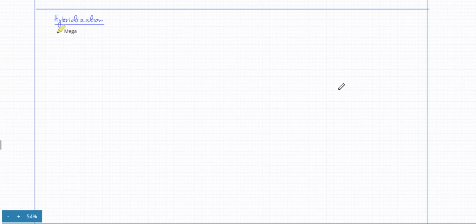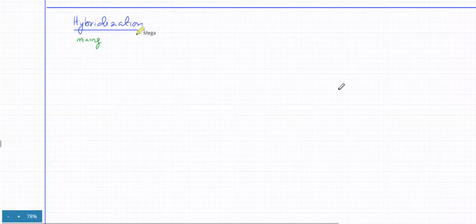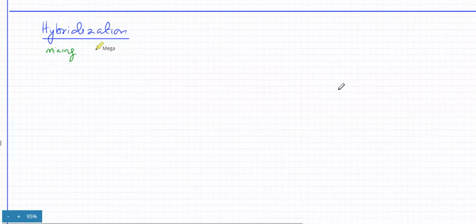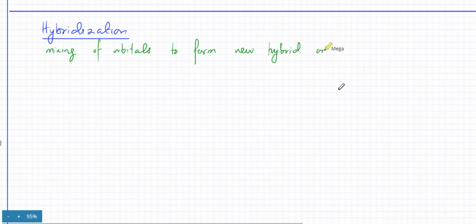Let me write down the definition, then we're going to talk about it. It's the mixing of orbitals to form new hybrid orbitals. So that's a technical definition.